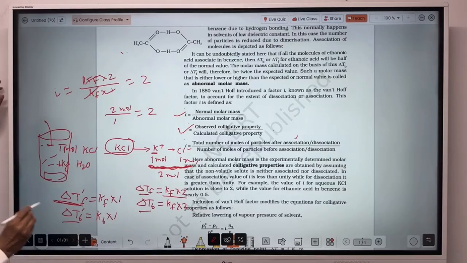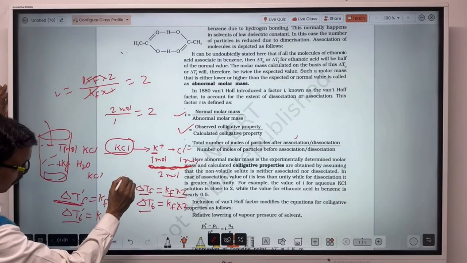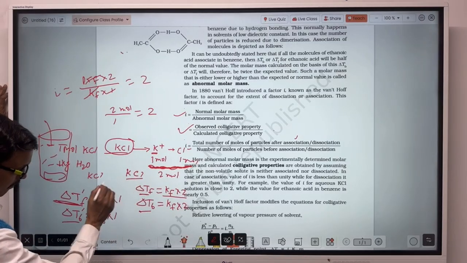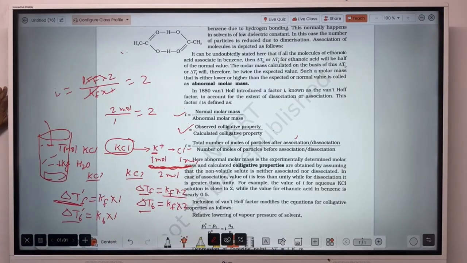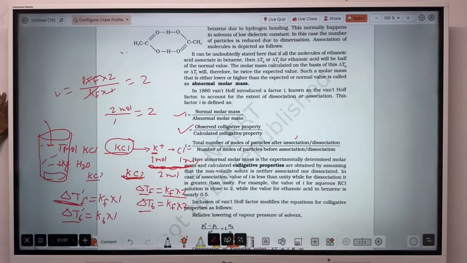Watch out here. Take the molar mass of KCl, when you find out the molar mass of KCl with the help of colligative properties. Obviously the molar mass will be the average over twice this one. Suppose this molar mass will be 39 here and 35.5, so 74.5.